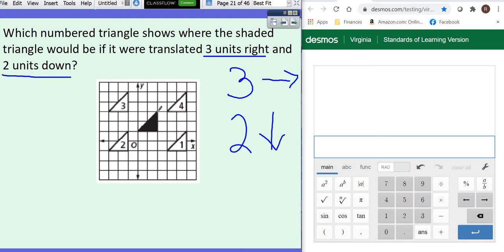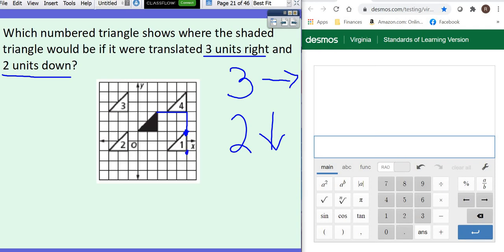So I'm going to start with this point right here. I'm only going to move 1 point, and I'm going to go to the right 3 units. So 1, 2, 3, and then I'm going to go down 2, 1, 2, and here is where I would end up. So you know right away your answer is 1, but let's go ahead and do it with the next one. 1, 2, 3, down 2, and there's my second point right there.